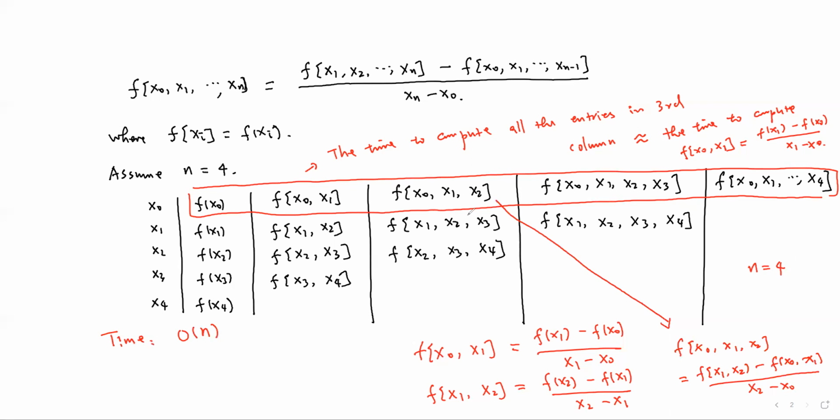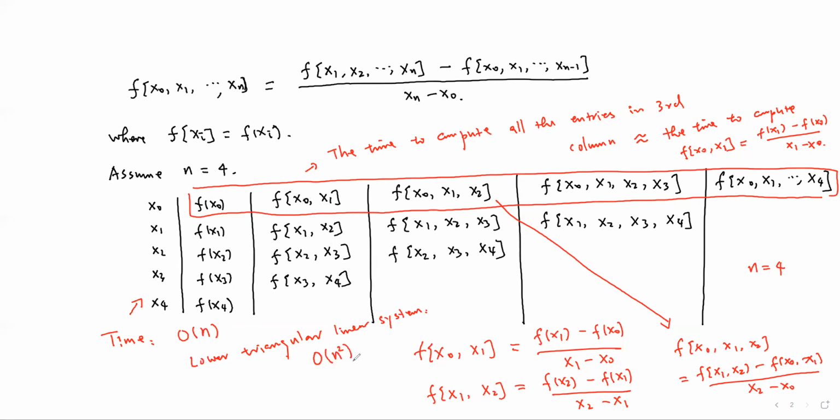If you find the coefficients of Newton interpolation by solving a lower triangular linear system, then the time is order n squared, because the solution of a lower triangular system is a sequential process.